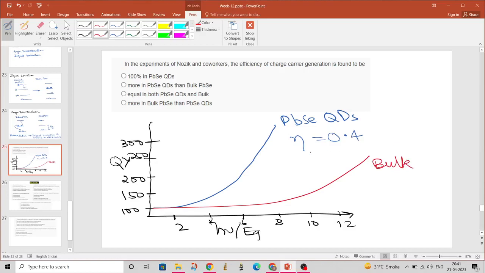Obviously you can see that the bulk quantum yield is less, efficiency is 0.2, almost half of the quantum dots.